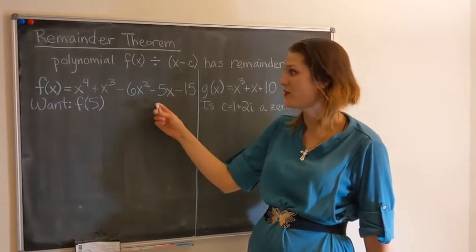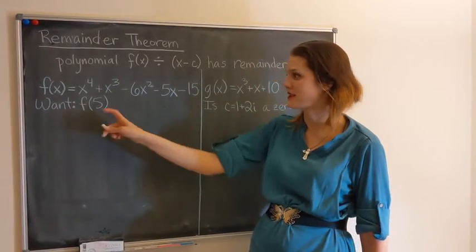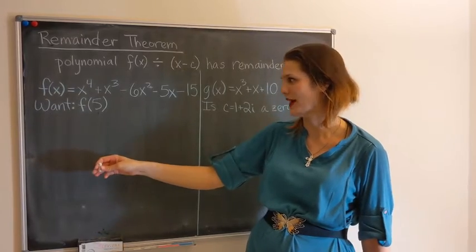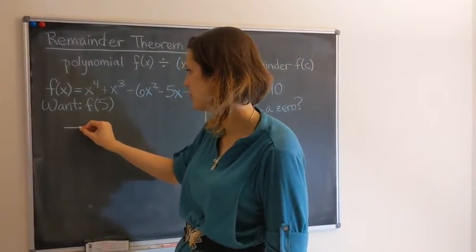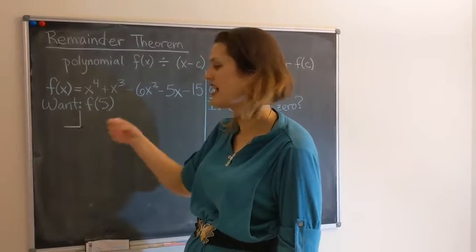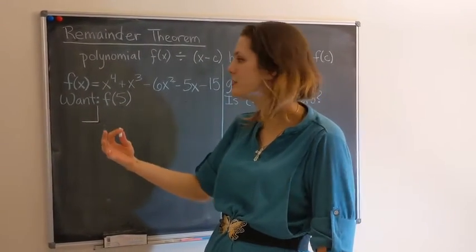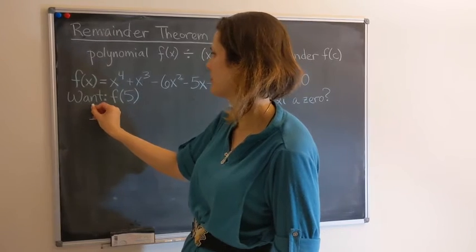To divide f of x by x minus 5, since 5 is where we want to evaluate our polynomial, we're just going to set up synthetic division, which is a pretty simple and straightforward process.